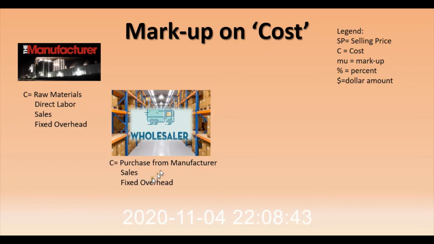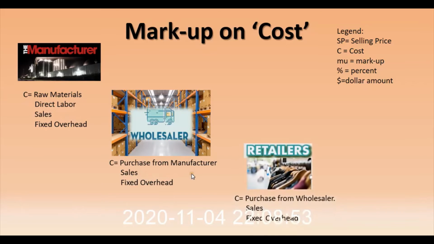Then the wholesaler has fixed overhead like racks and trucks and storage and stuff. And then they also have a sales force because they're selling to the retailers. Okay? So therefore, the costs incurred by the wholesaler may be the basis for the wholesaler to mark up MUC percentage to retailers.